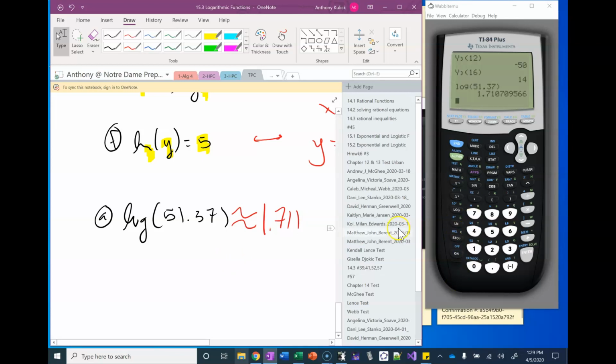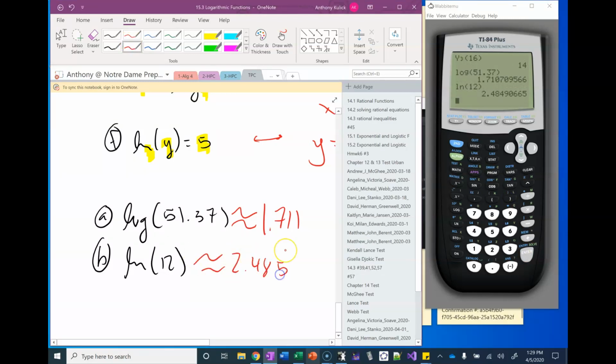And then if I wanted to do something like the natural log of 12, you'll notice right below the log button on your calculator is the natural log button. So I can do the natural log of 12, and that'll equal about 2.485, rounded to 3 decimal places again.